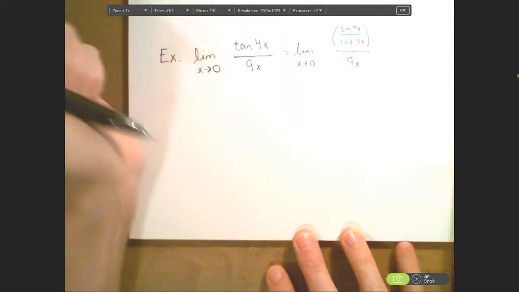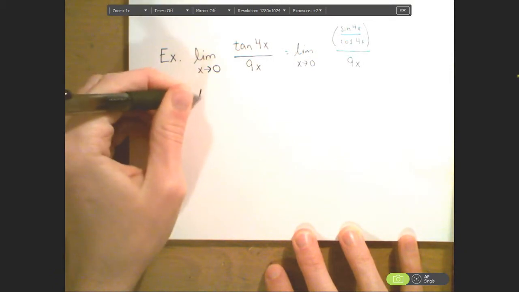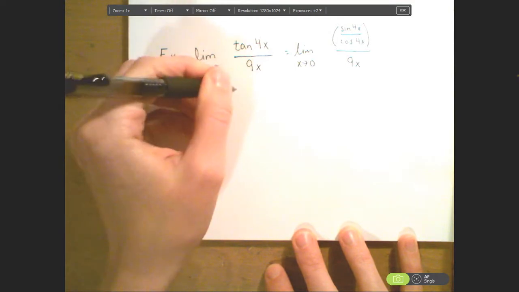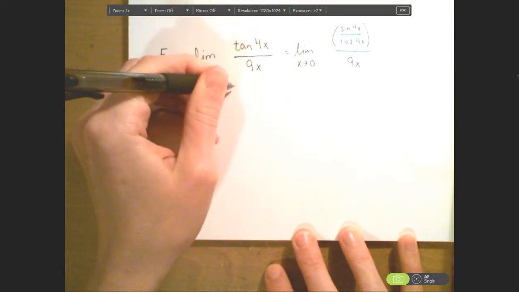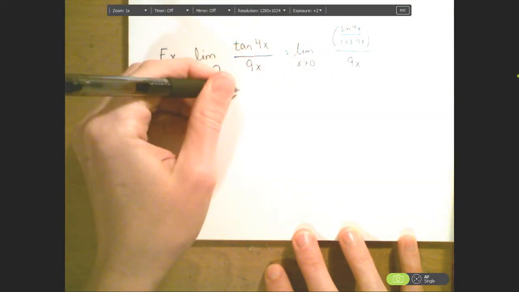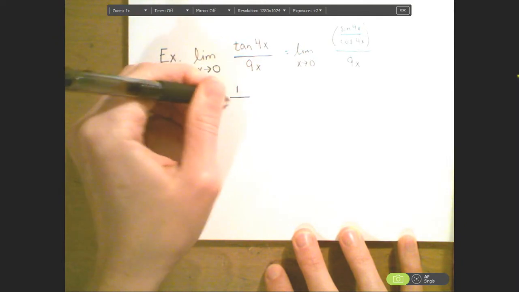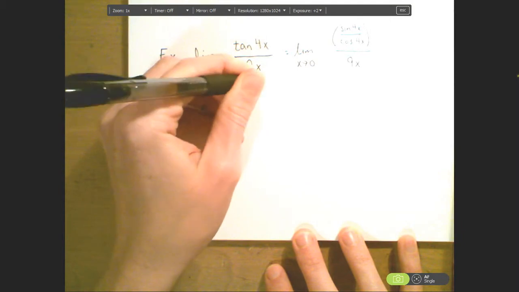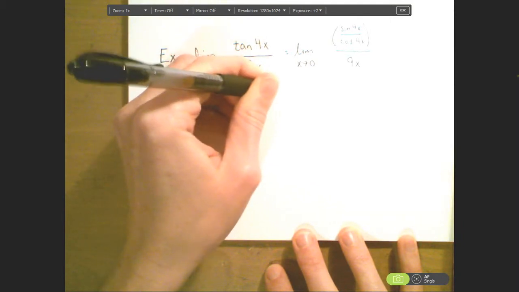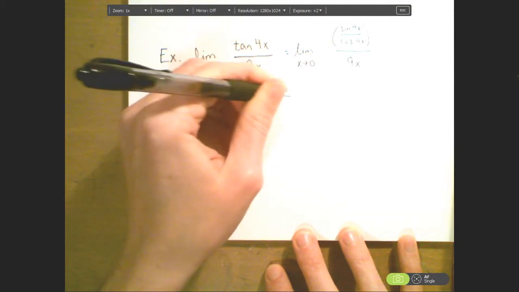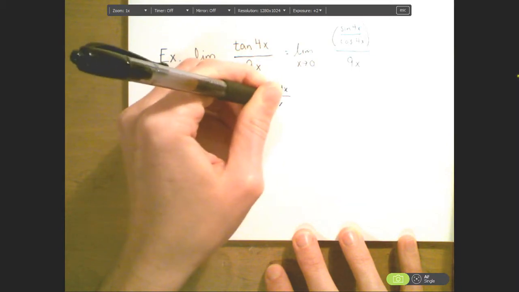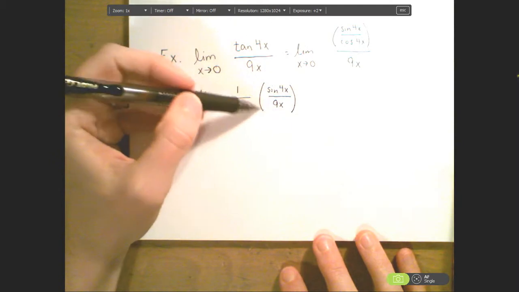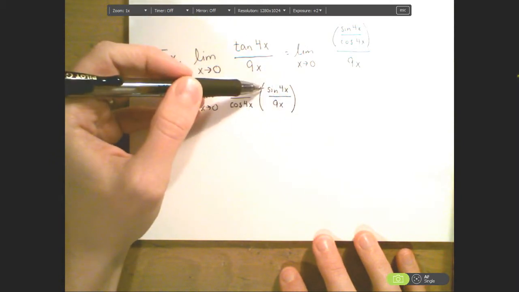So by properties of fractions, I can rewrite this a second time, and this is going to be the limit as x approaches 0 of 1 over cosine of 4x times sine of 4x divided by 9x. This gets us a little closer to things that we're familiar with. This is something that's close to what we've talked about in the past.